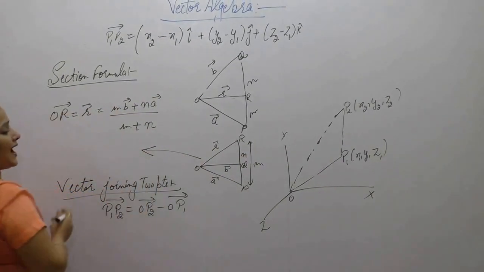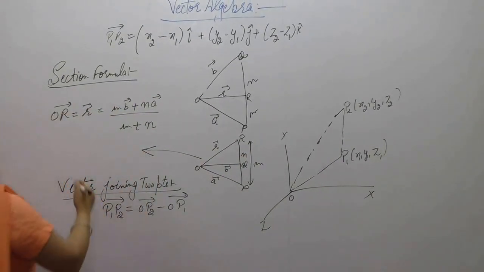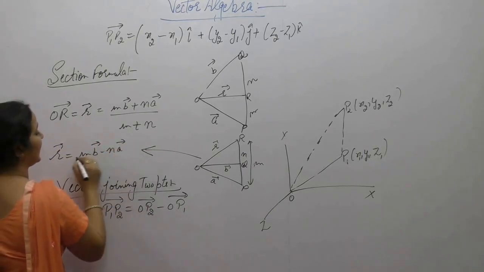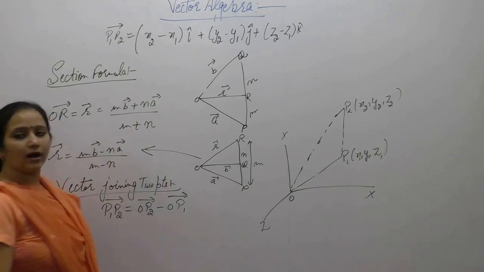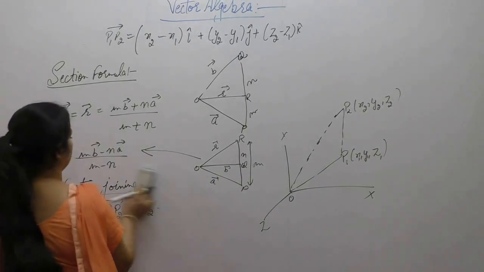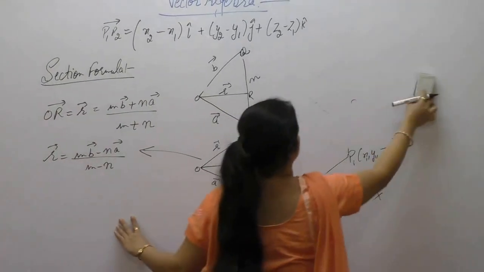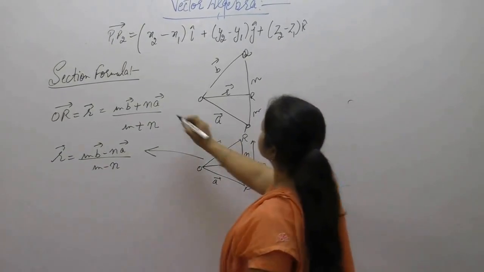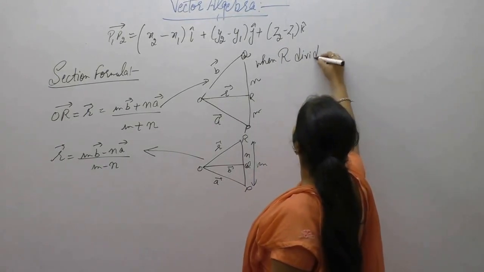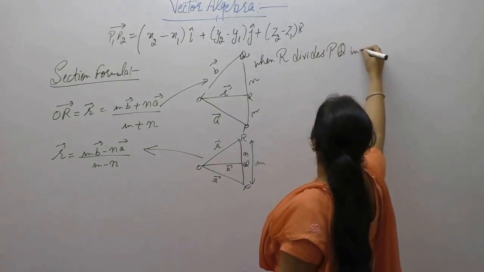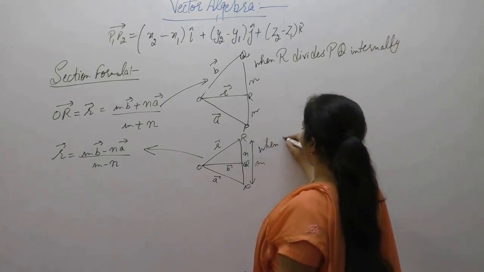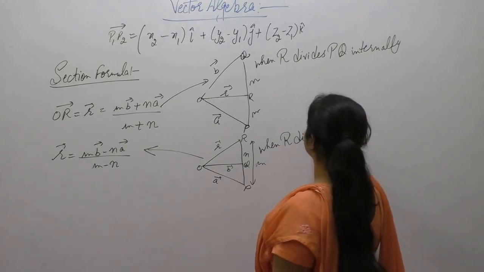Then if R divides two vectors externally, then R vector is equal to MB minus NA vector upon M minus N. This is the case when R divides PQ internally. And this is the case when R divides PQ externally.